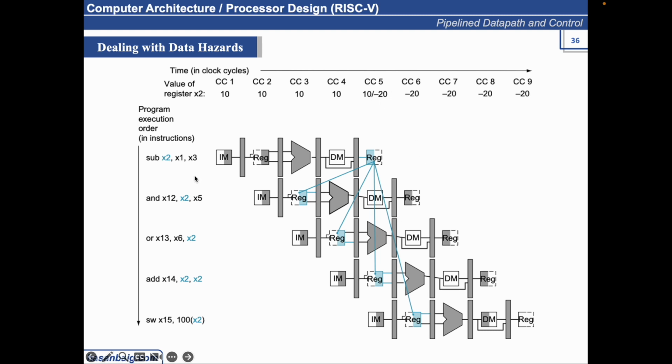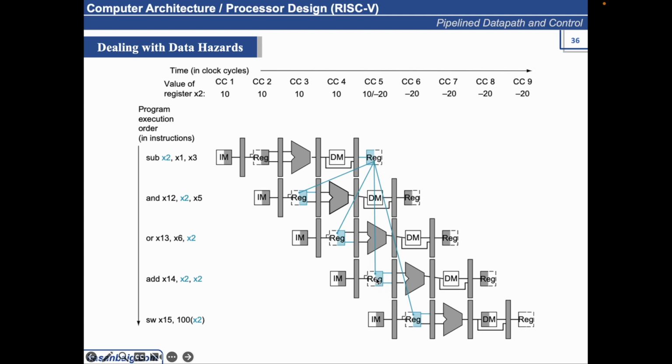So you can see without forwarding, the updated value of x2 cannot be used in these instructions. The updated value is only available in this clock cycle number 5 if we assume that the registers are written in the first half of the clock cycle and read in the second half.